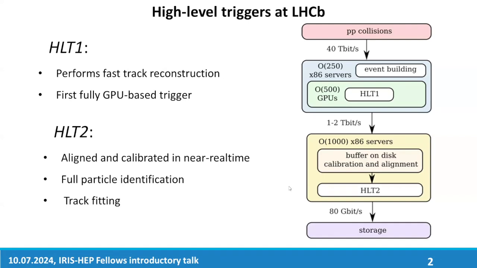The most interesting for us now is that in LHC Run 3, HLT1 was improved by implementing it on a GPU, which allowed for parallel event processing. So this is the first fully GPU-based trigger used for HEP research, which offers unique research opportunities to us.